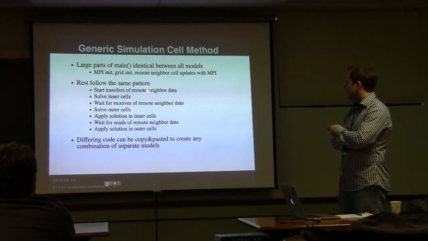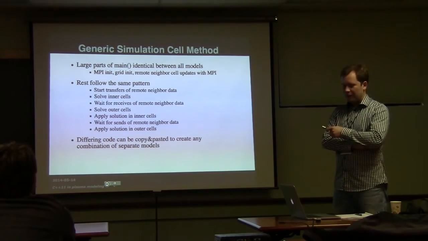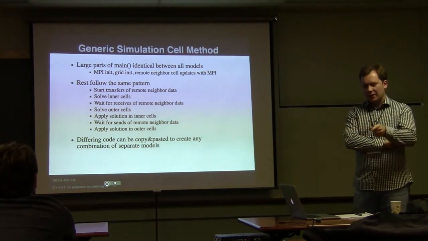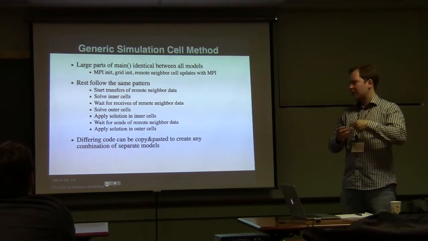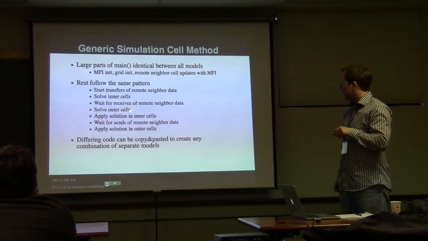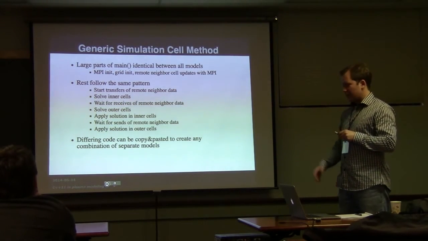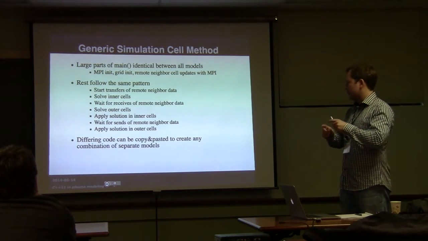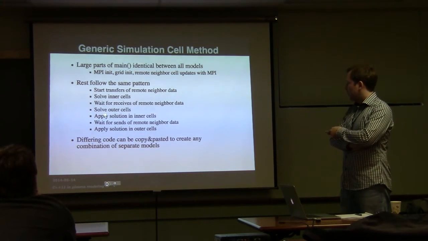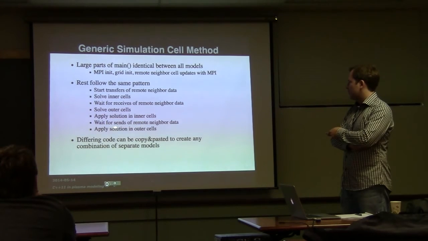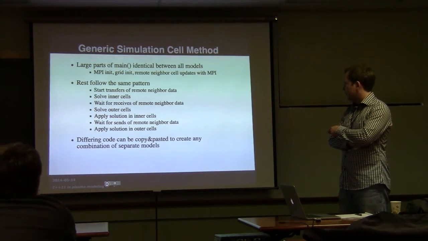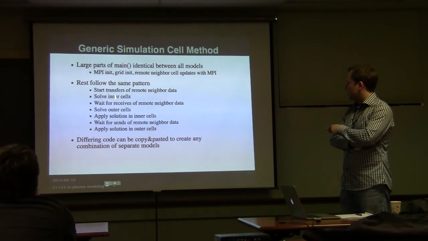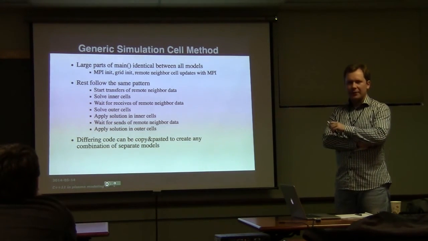So you start transferring the data, then you solve the system in the cells which don't have any neighbors on other processes, and then you wait for the data of the remote cells to arrive, then you solve the rest of the local cells, then you apply the solution and wait some more and apply the solution also to the outer cells. And all of this is basically the same for each different model.